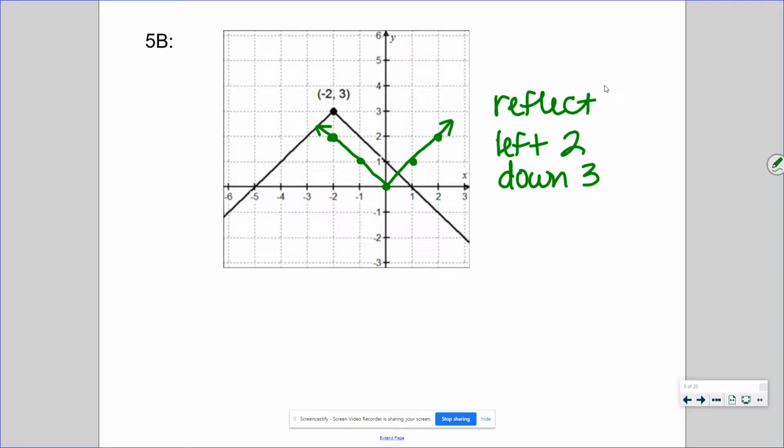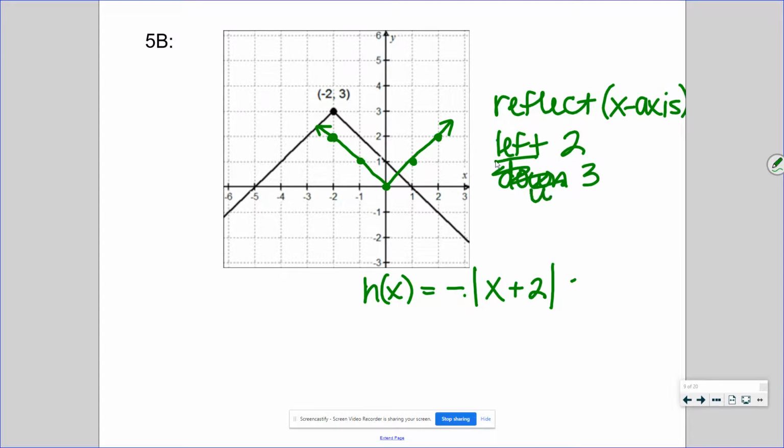Now, it is important to note it is being reflected over the x-axis, and that does matter because our negative placement is going to tell whether we reflect vertically or horizontally. So to reflect vertically, we need a negative in front of our entire function. To go left 2, we need +2, but inside the function itself. And then it's supposed to be up. To go up 3, you should have +3.